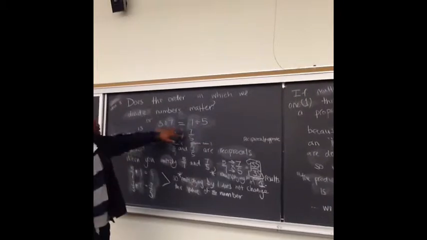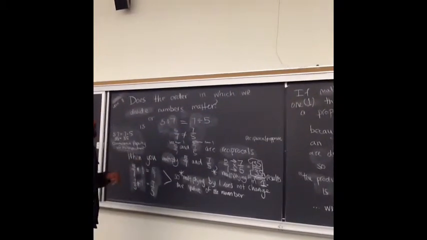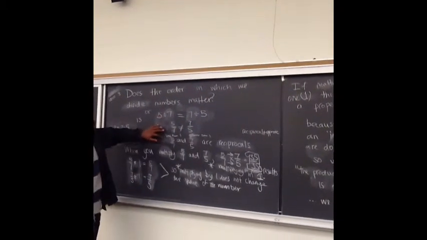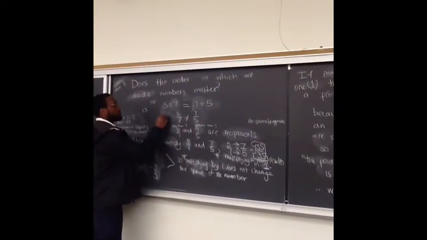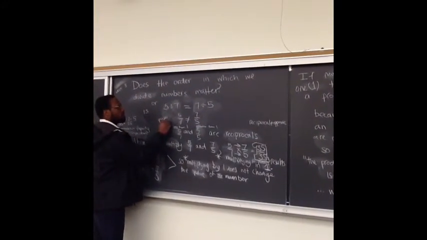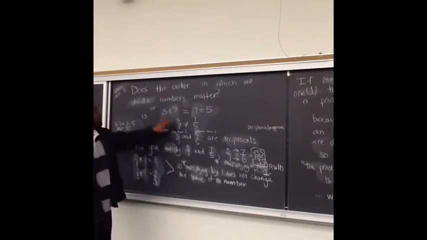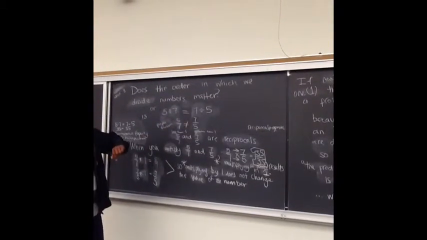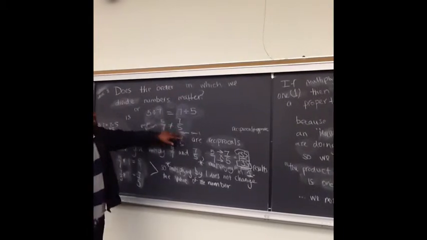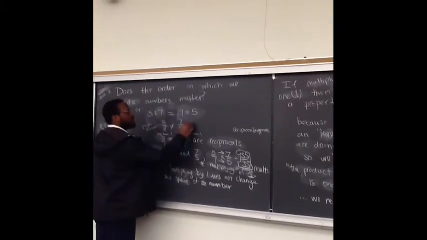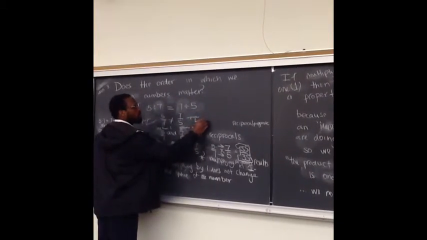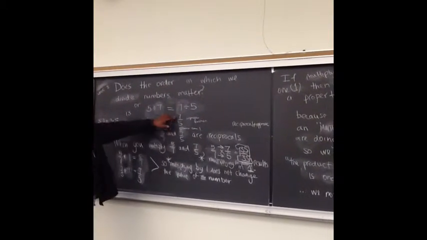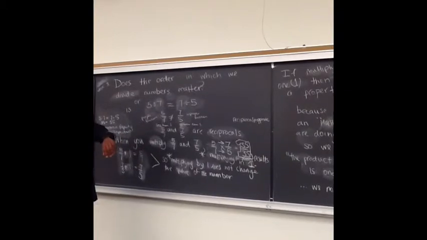And we see that 5 over 7 is not equal to 7 over 5. 5 over 7 is actually less than 1, called a proper fraction, because the numerator is less than the denominator, and 7 over 5 is actually greater than 1, known as an improper fraction, because the numerator is greater than the denominator.